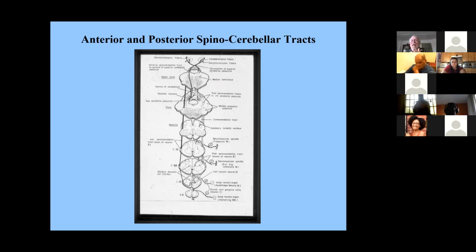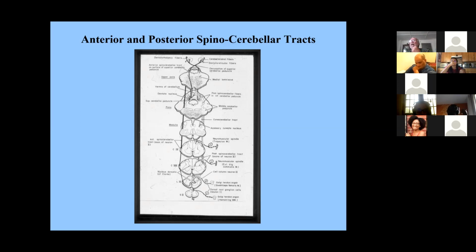But it shoots it up along two parallel pathways: one called the posterior spinocerebellar tract, and the second, the anterior spinocerebellar tract. And very often we can see that these two parallel pathways start roughly in the same part of the spinal cord, some thoracic segment, and they end up in the cerebellum.